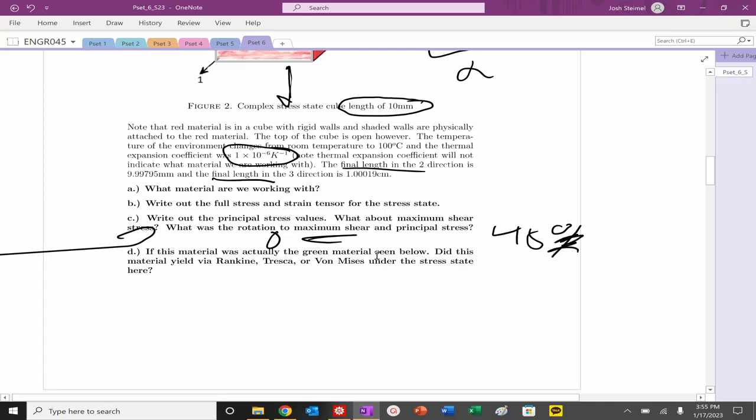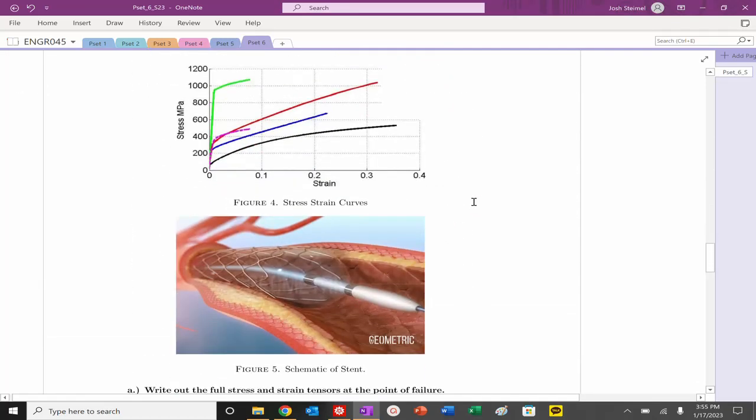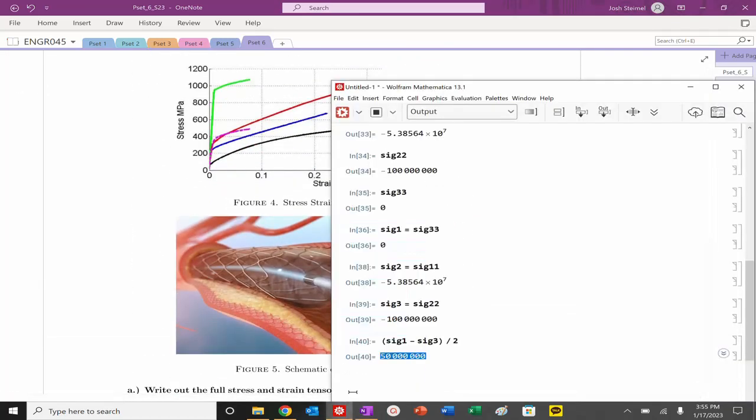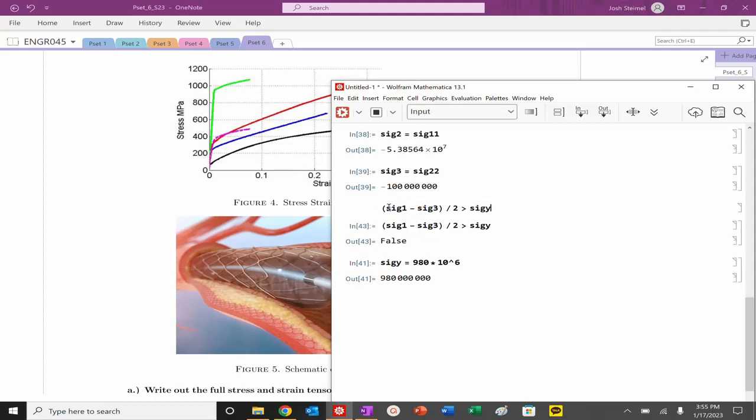Don't worry about that. If this material was actually the green material seen below, our green material has my sig y approximately, let's say 980 times 10 to the 6. So let's say, is sig y greater than this? If this is greater than, this will not yield via, I think that's Tresca.